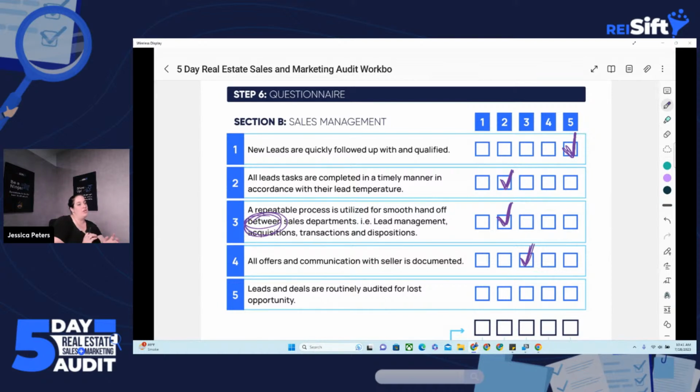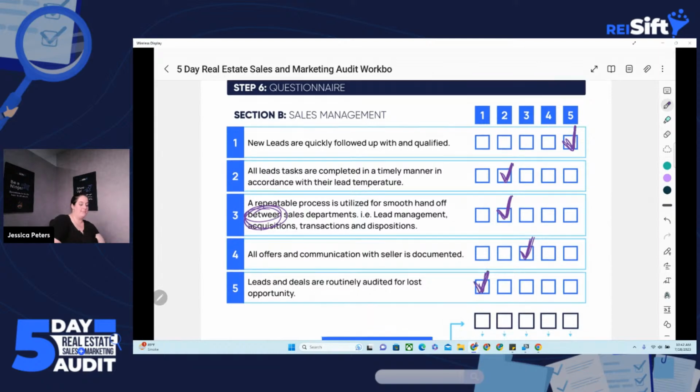Or this deal fell through. Where did we mess up? Oh, look, it became a hot lead on August 5th, and then we didn't call it again until September 20th, and they had already sold the property to somebody else. So I can see I need to tighten up my lead management. You're routinely auditing that so you have the clarity of how you could improve, or what you did really well so you can reverse engineer that success. All right, I'm going to give us a 1.